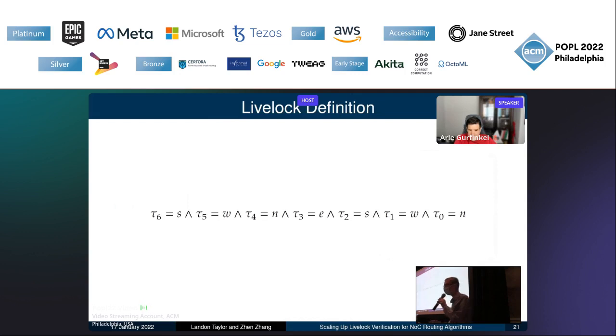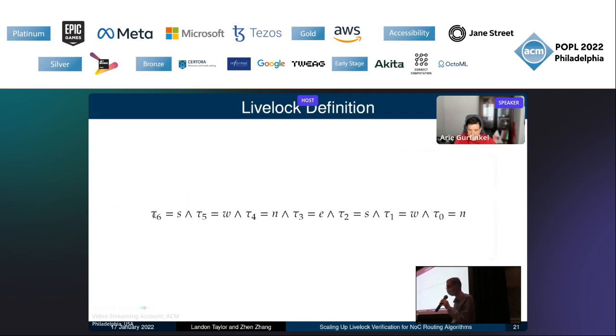We also had to modify our definition of Livelock, where previously we were interested in an infinite length trace. We're now interested in more cyclical behavior and changes in traveling direction. So we define Livelock using several of these predicates. We just chose one for the slide for simplicity.